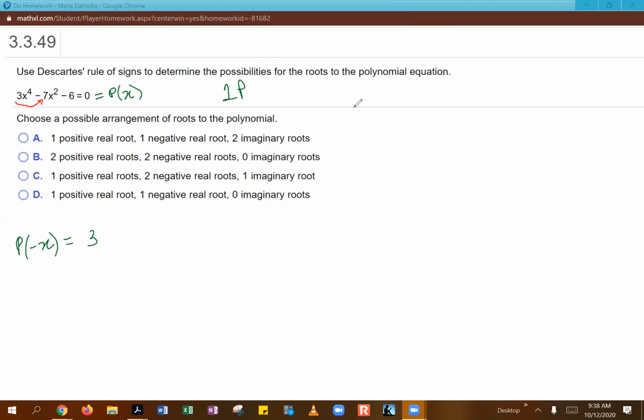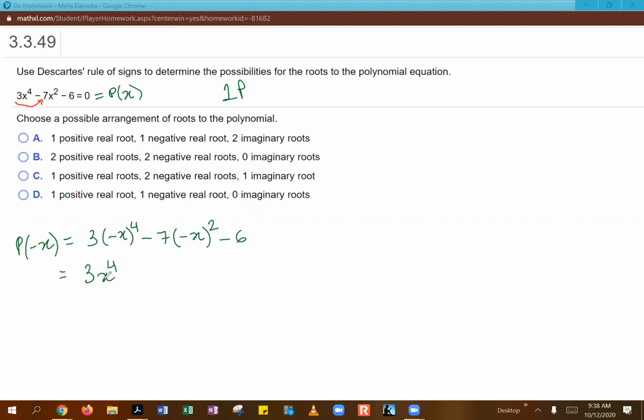Okay, Mikhail, you're saying wouldn't there be two imaginary solutions? Let's check that. So this will be negative x to the fourth power minus 7, again, replace x with negative x to the second power minus 6. So again, since both your exponents are actually 4 and 2, which are even numbers, these will just stay as positive.